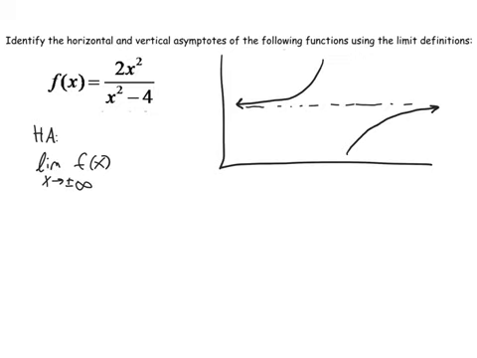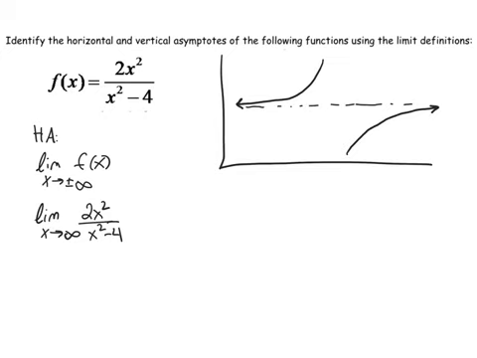So to figure out what that asymptote is, the value that f of x is getting closer and closer to, we calculate the limit as x approaches infinity and negative infinity of f of x. So let's calculate the limit as x approaches positive infinity of 2x squared over x squared minus 4.